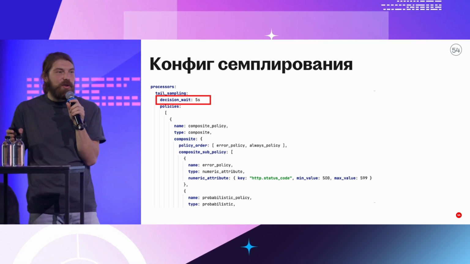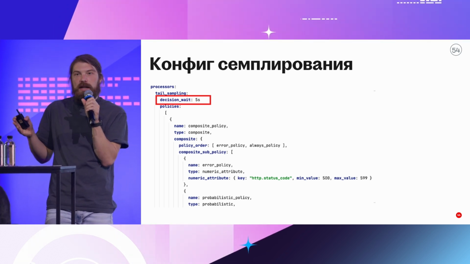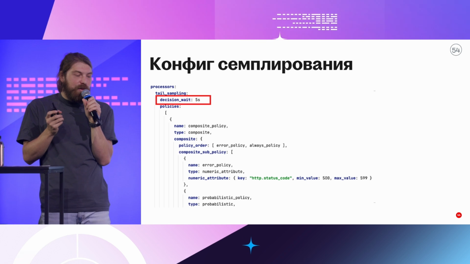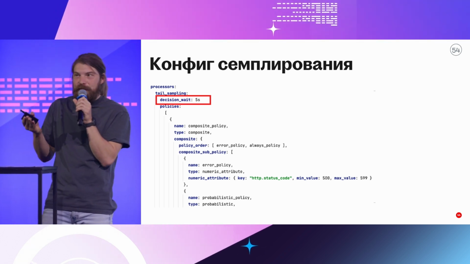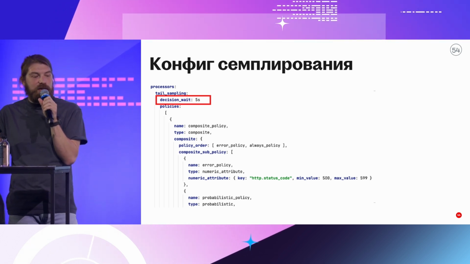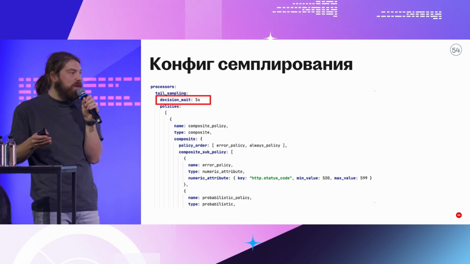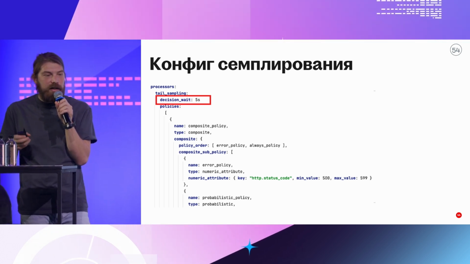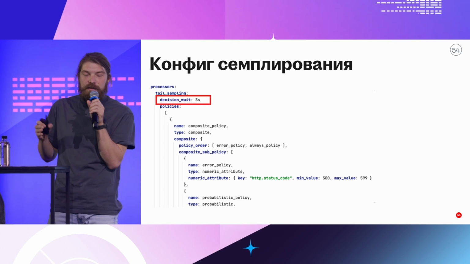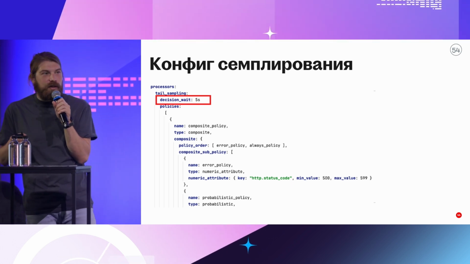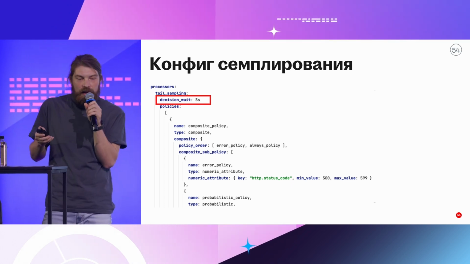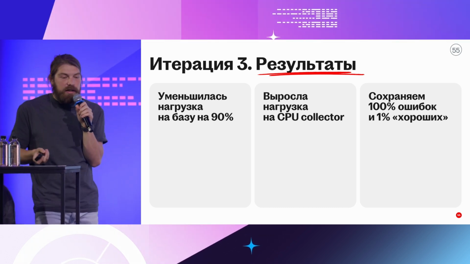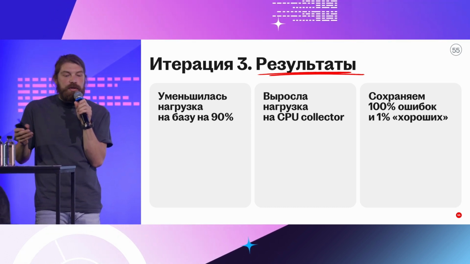But if it's a long-running request, as I said, 30 seconds, you'll have to store a lot of data in the collector. So empirically, we arrived at 99.9% falling within 5 seconds. So we made a decision to decide whether to keep the request or not after 5 seconds of its receipt. So that was a compromise, a trade-off.